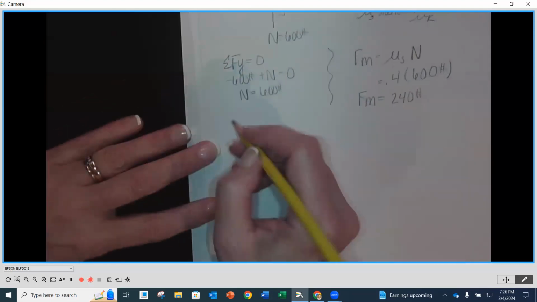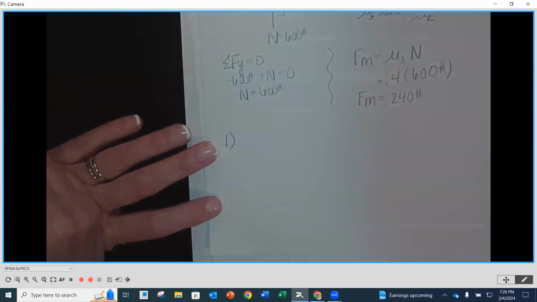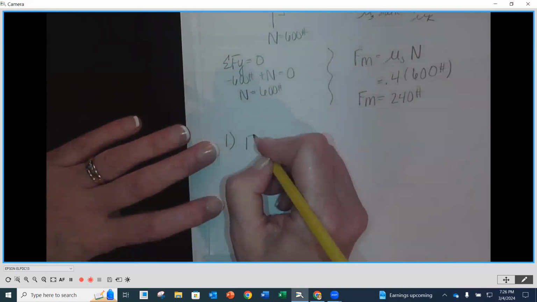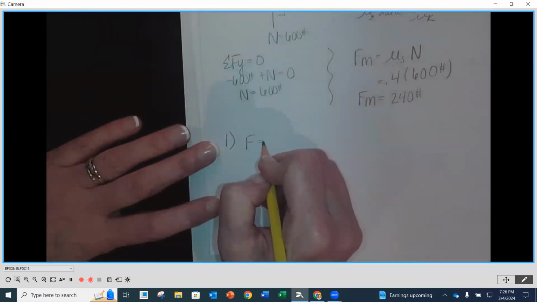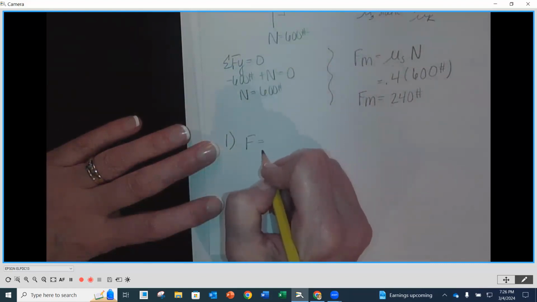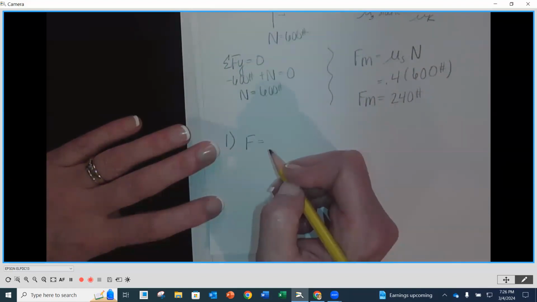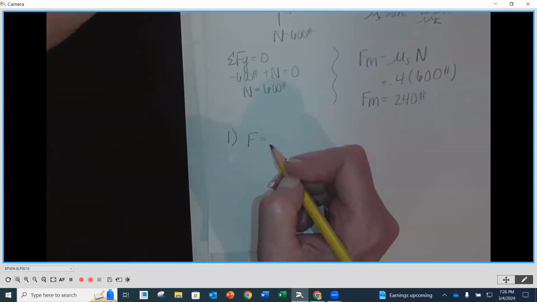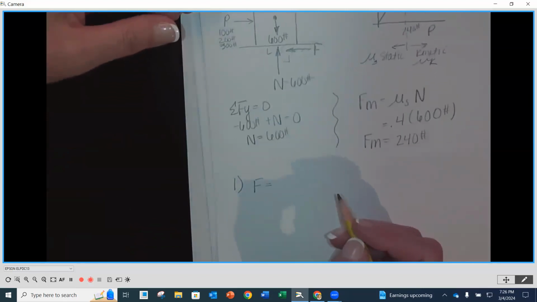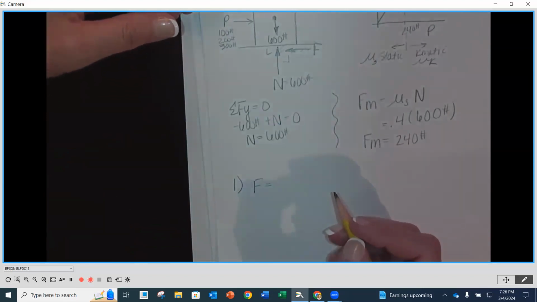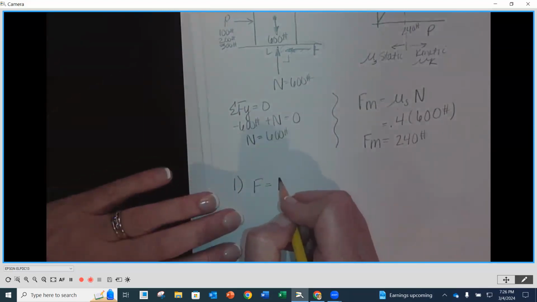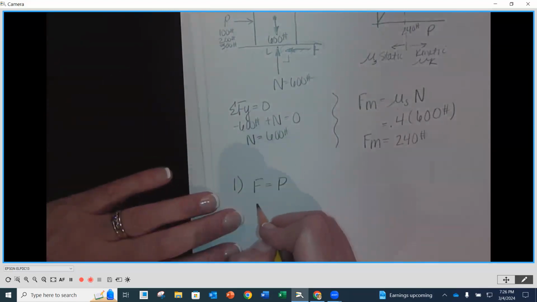So for part A then, our friction force is going to be equal to our P because we are on the static side.